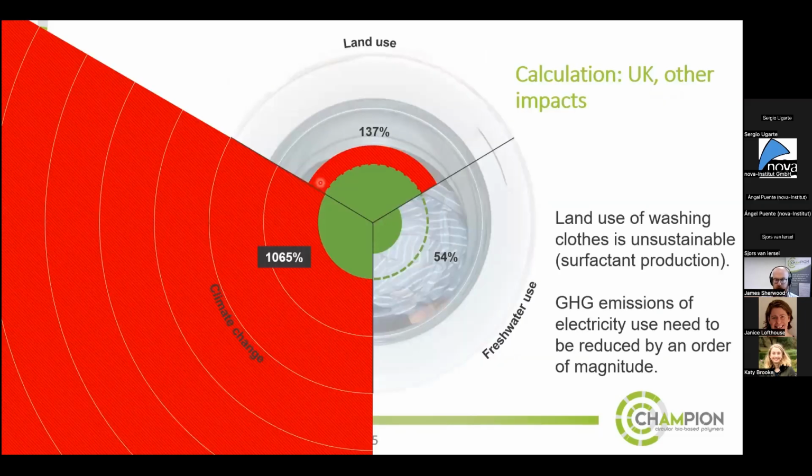What's not sustainable is the climate change impact of using the washing machine. Again, this is for the UK. We have the 34% for the freshwater use, but the climate change impact is over 1,000%. So we need to reduce this by a factor of 10 to get anywhere near sustainable. This is because of the way that electricity is produced.